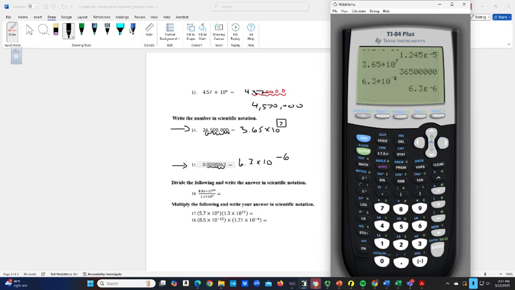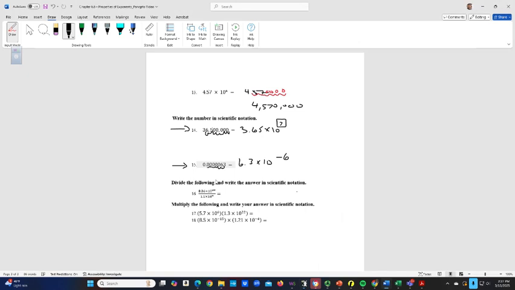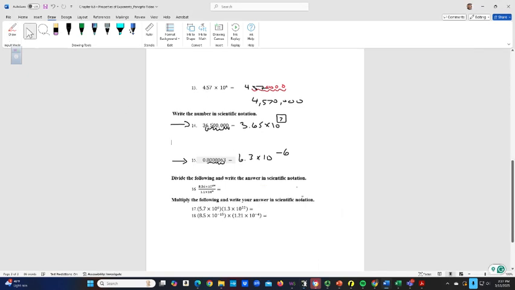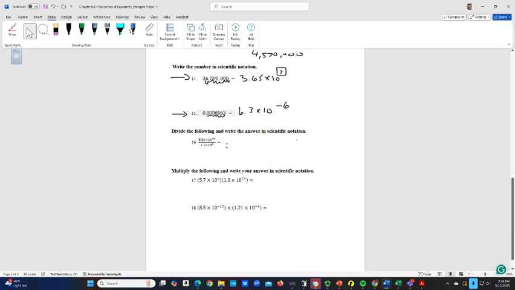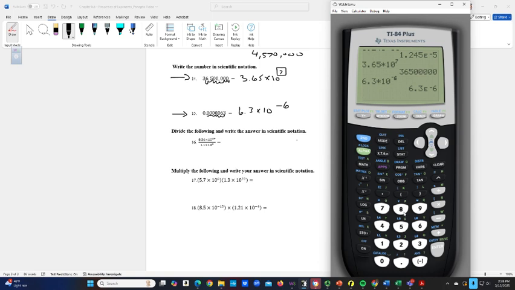All right. So when we're looking at division, just like our quotient rule, it's very similar. First we need to take those values and divide them. What is 8.36 divided by 1.1?